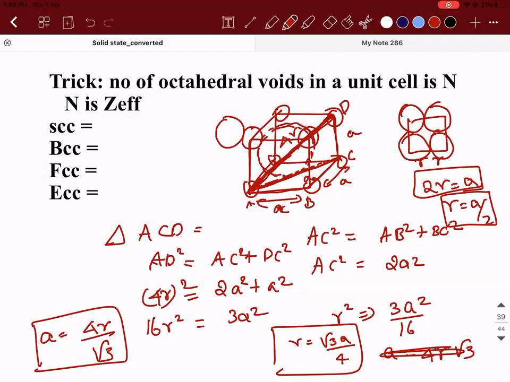For SCC, why is it root 2R? Just cancel the square on both sides, according to the Pythagoras theorem. A square is equal to 2R the whole square, so cancel the 2.